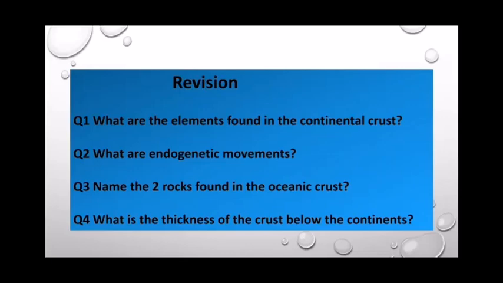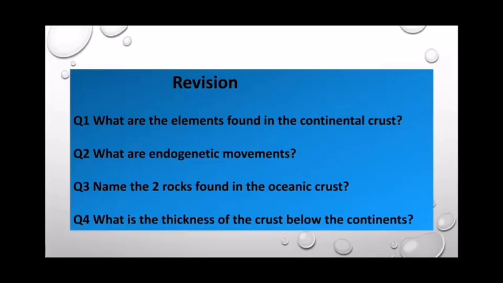What are endogenetic movements? Endogenetic movements are the internal movements that occur in the earth which can cause earthquakes, volcanoes, mountain buildings, etc. Third question, name the two rocks found in the oceanic crust.